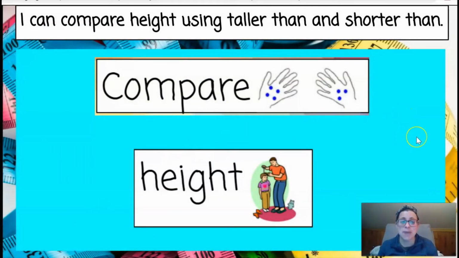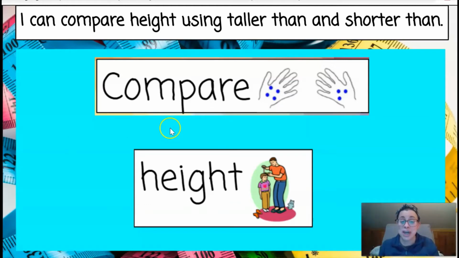Today's math thinking job is I can compare height using taller than and shorter than. So you're going to hear the word compare. Compare means we are putting two things next to each other and we're deciding, are they the same? And today, height is something taller than, something shorter than.